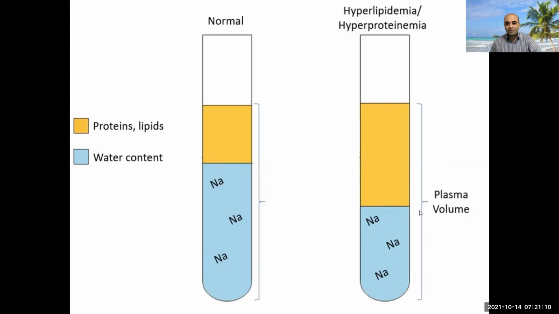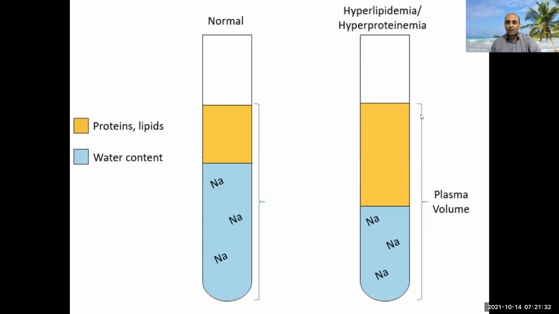This plasma volume includes all the lipids, proteins, and water content. In hyperlipidemia and hyperproteinemia, we find the total is around double the amount of water and electrolytes. The lipids and the proteins here increase inside in pseudo hyponatremia.